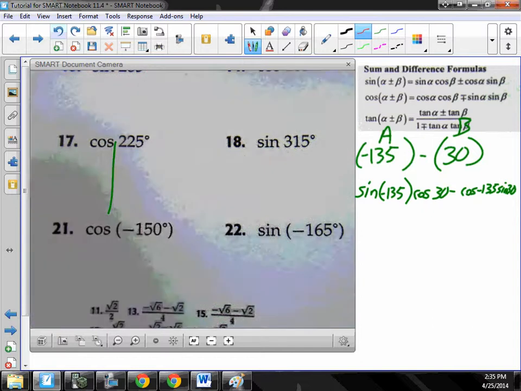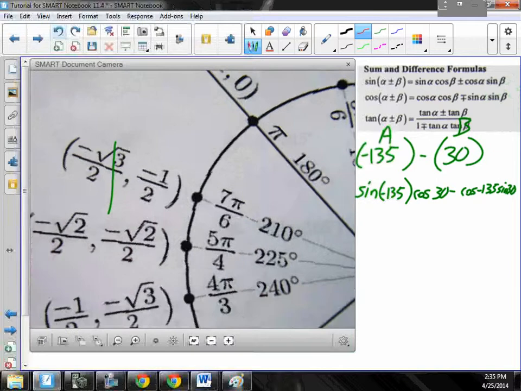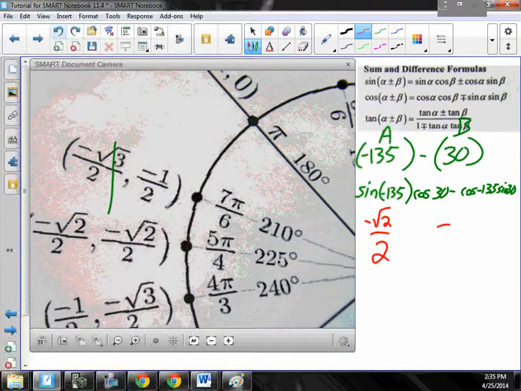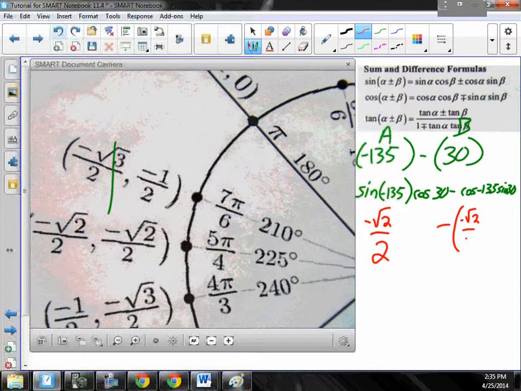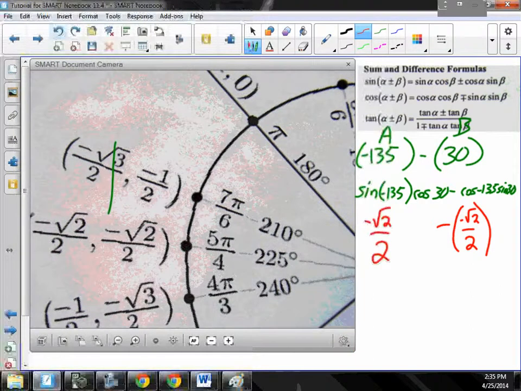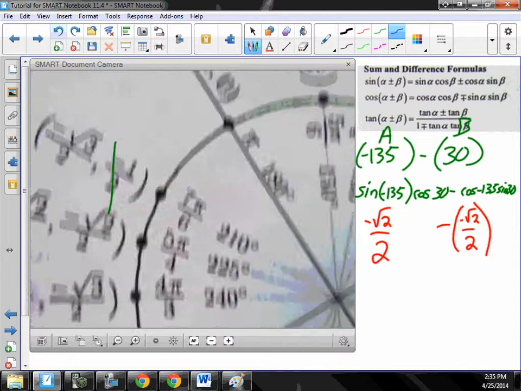So if I look at 225, the cosine and the sine are both negative root 2 over 2. So negative root 2 over 2 here, and minus negative root 2 over 2 here. Does that make sense to everybody? Okay. Now we need to look at the cosine of 30.